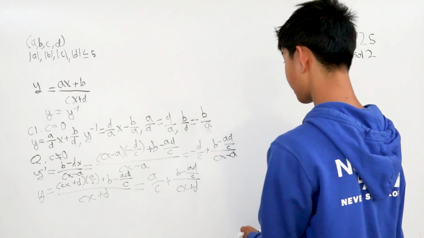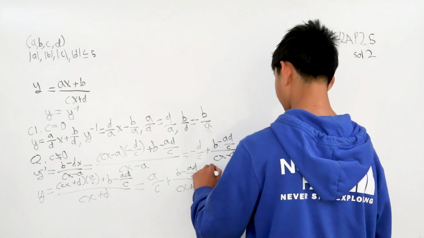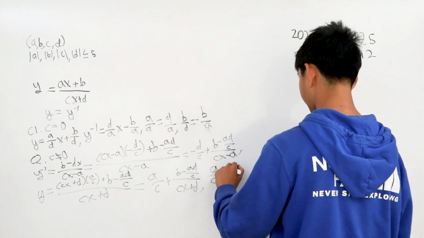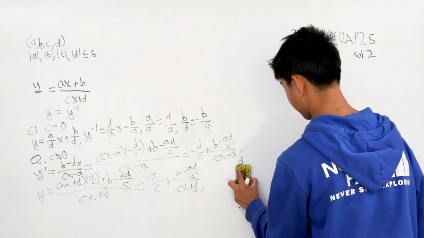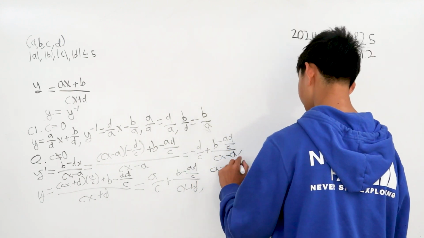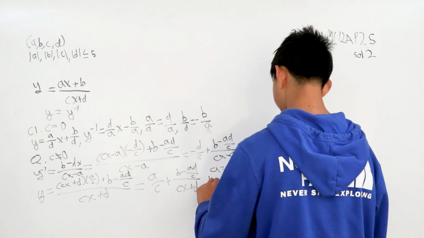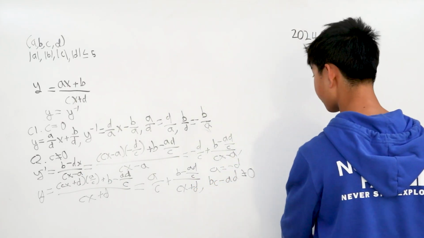From these two equations, we get that a over c is negative d over c, or simply, when you cancel out the c's in the denominator, a equals negative d, and that bc minus ad is not equal to 0.